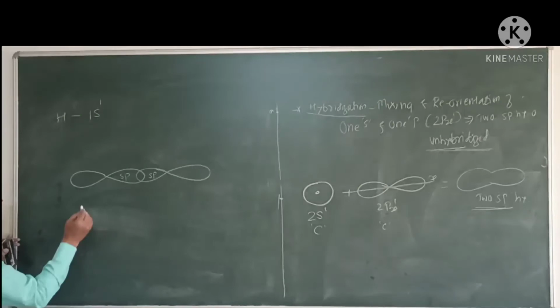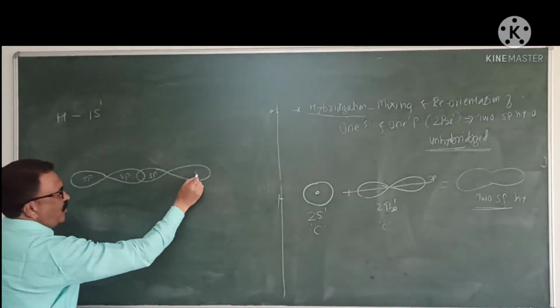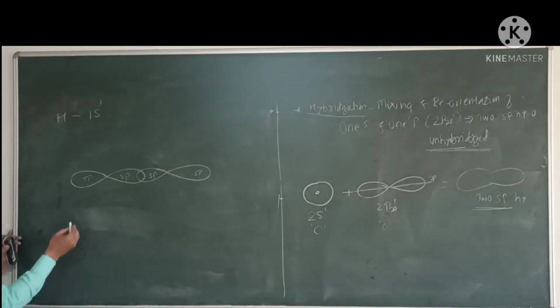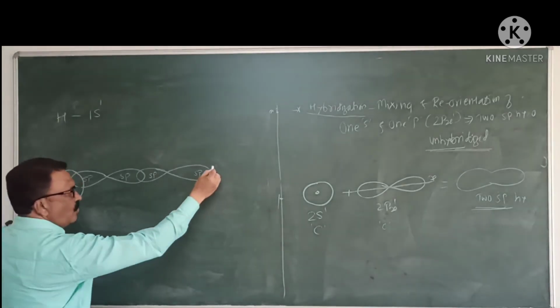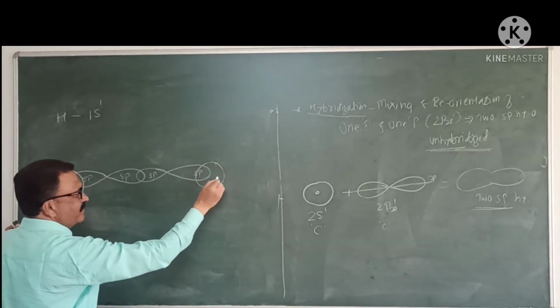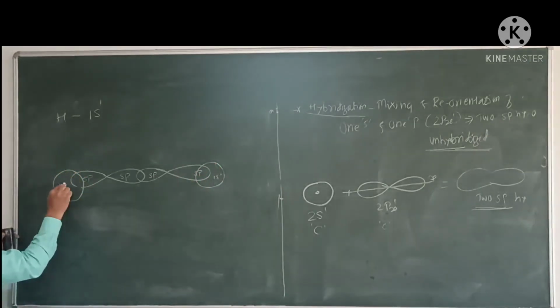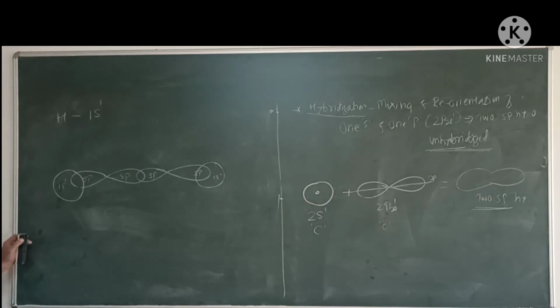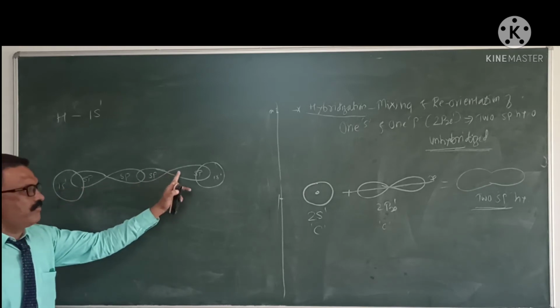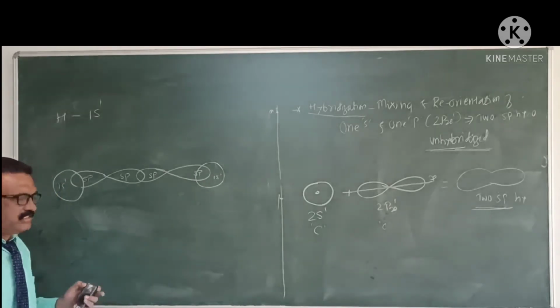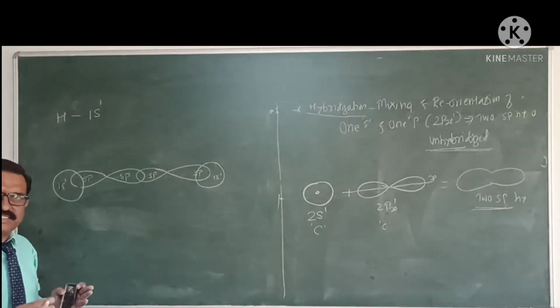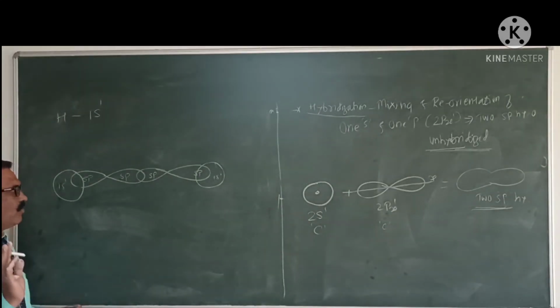Okay. Then this is another sp orbital of both carbon atoms. These sp orbitals of both carbon atoms overlap axially with the 1s1 atomic orbitals of hydrogen and form carbon-hydrogen sigma covalent bonds. As a bond is formed by axial overlapping, it is a sigma covalent bond.